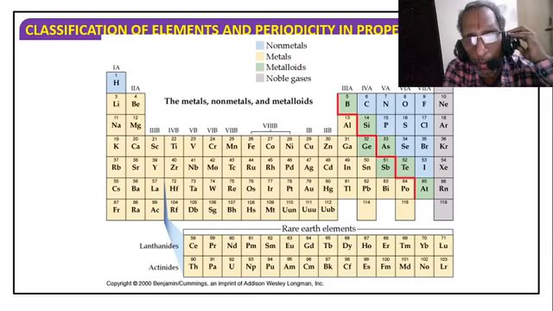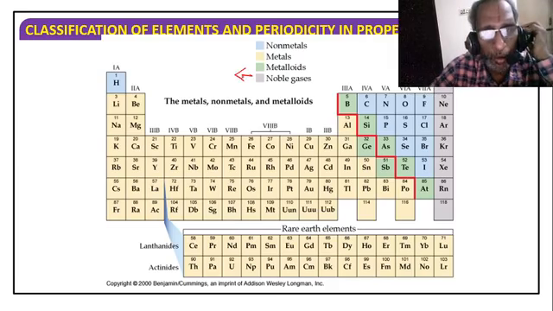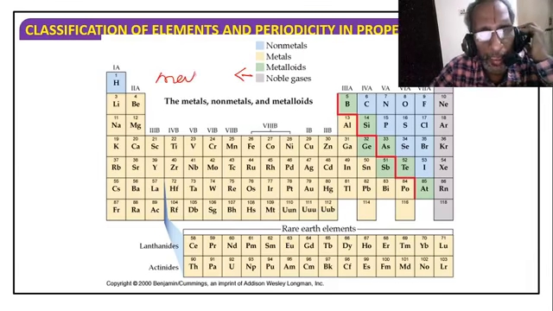So boron, silicon, arsenic, tellurium, these are metalloids. And grey colored species are noble gases. Noble means inert or non-reactive.